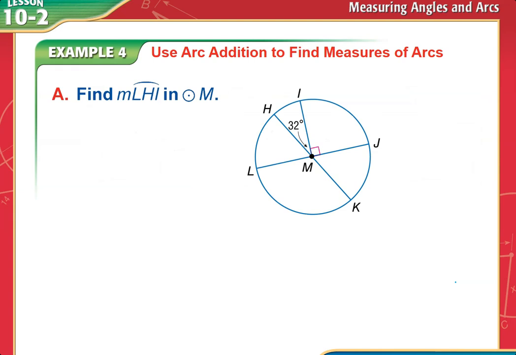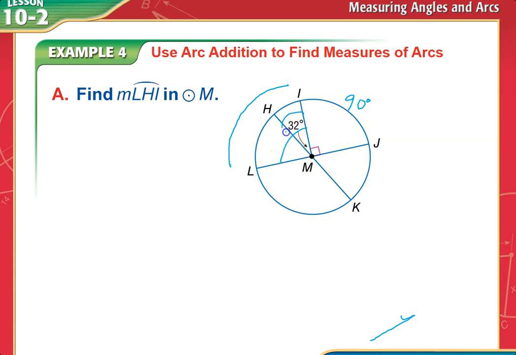Okay, so we're going to find the measurement of arc LHI. Go all the way around like this. Well, we know that arc IJ is 90 degrees because its center angle is 90 degrees. So we know this is 90 degrees, and this forms a semicircle, so this has to be 90 degrees.